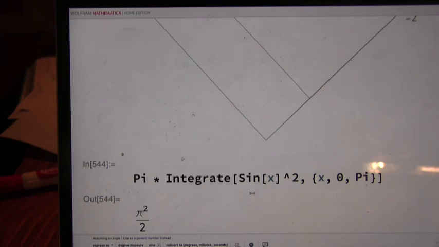Yeah, cosine of 2x is cosine squared minus sine squared, and then you play around with that. It's easier for odd powers of sine because you can do the u substitution easier. Yeah, there's a trick.